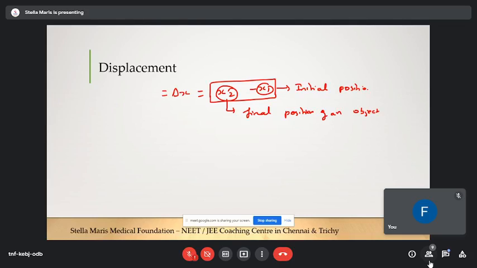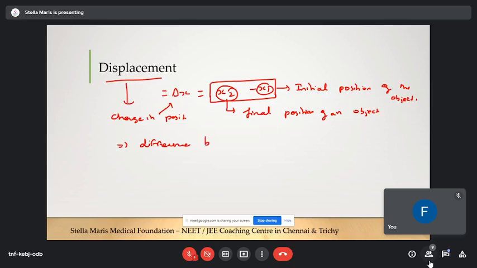Displacement is dependent on direction because it is a vector quantity, and as we already said, in one dimensional motion, that is motion along a straight line, direction can be taken care of by plus and minus signs.